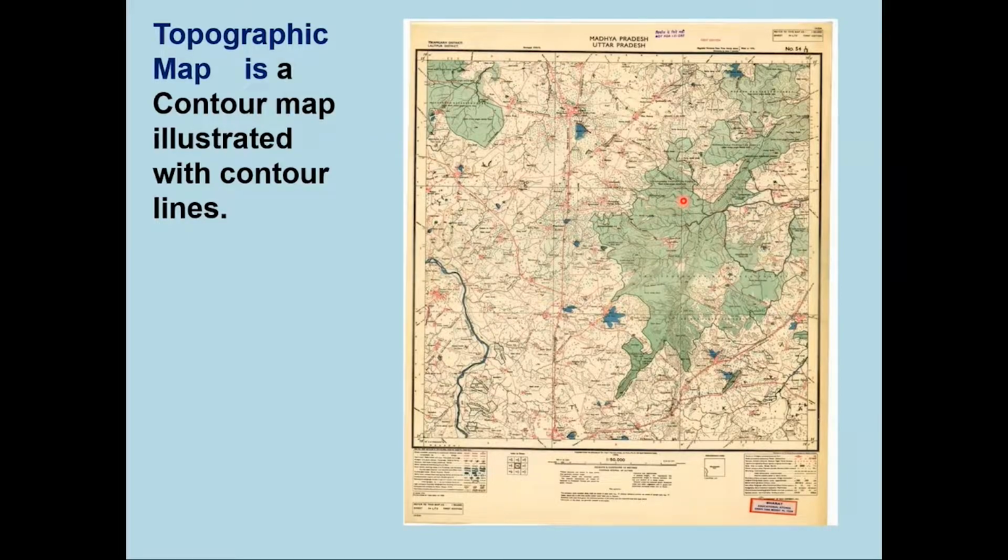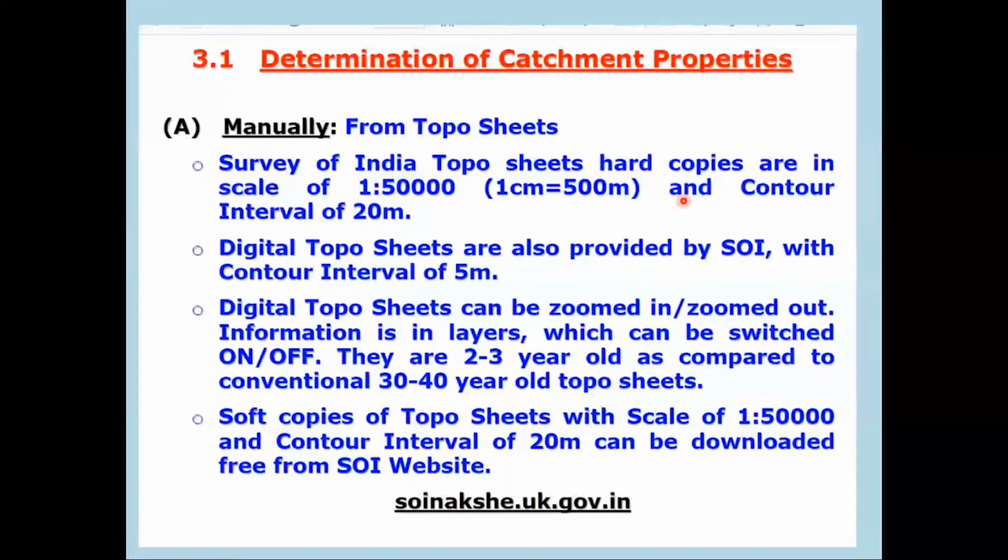Previously, these used to be available in hard copies issued by the Survey of India. Now the site has been given below. On this site, these contour maps are available and can be downloaded.